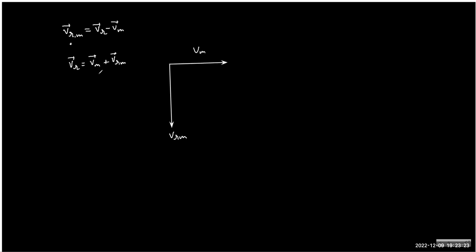Because here we don't have the negative sign. Okay. So this is another question. And then you have to plot the VR. So now you can get the answer that the VR must be here, isn't it? Do you realize what I'm saying? So by knowing the VM and the VRM, we can also predict the direction of VR. It's clear? Yes or no?